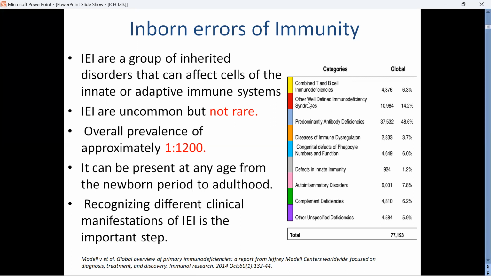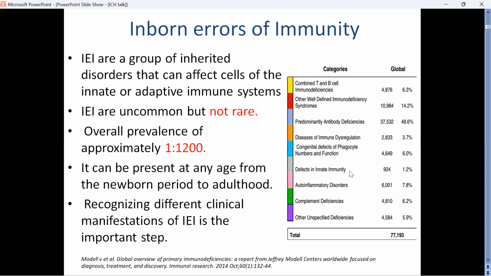The other category is combined immunodeficiency with syndromic features. Then predominantly antibody deficiency, diseases of immune dysregulation like HLH, MSMD, and those conditions, congenital defects of phagocyte numbers and functions, for example congenital neutropenia, CGD, leukocyte adhesion defect, all come under this category.